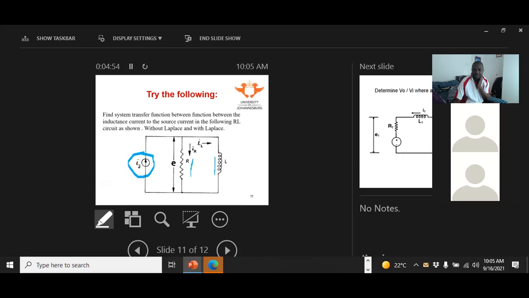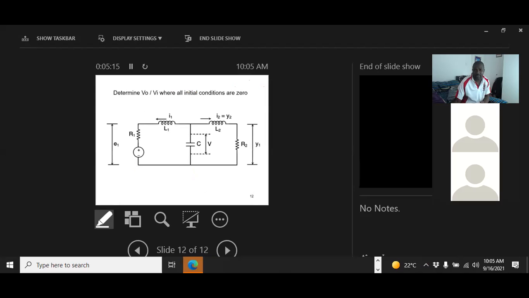But in terms of current, perhaps that's where you might realize that without using Laplace, it's difficult. I'm not sure, I haven't done this one, so go do it yourself. It's suitable for your level, and then we will discuss the answers later on. And this one is the way you did it. That's a voltage source. You can do that as well.